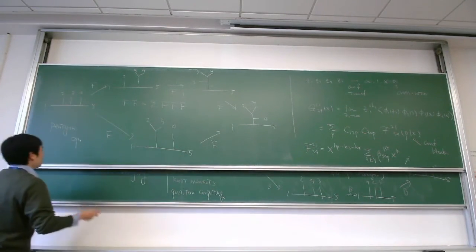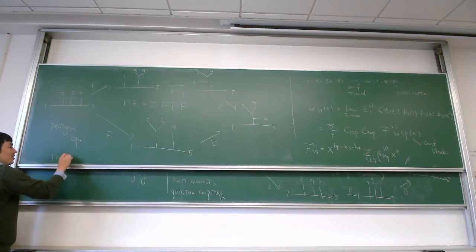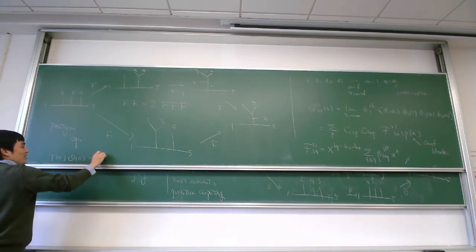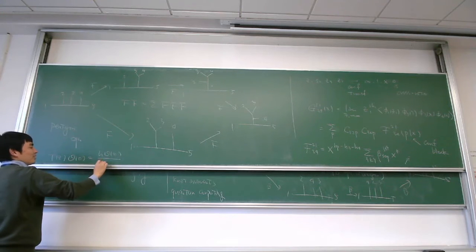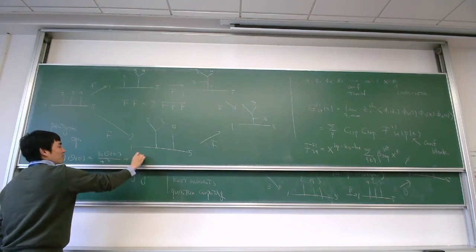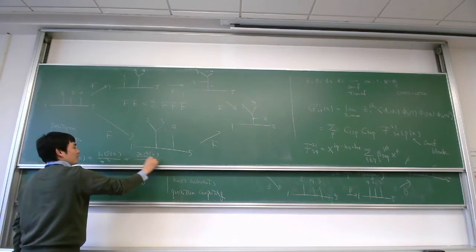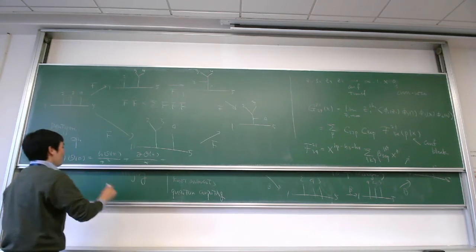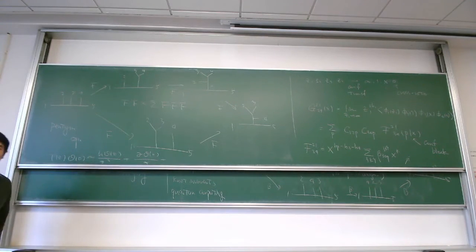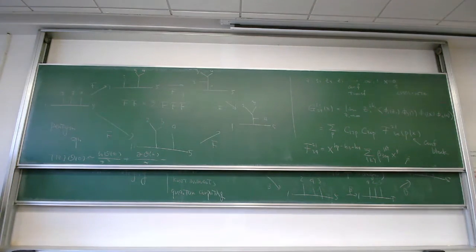A primary operator is one where T of z, O of 0 is h O of 0 over z squared plus and so on. So this is the primary operator, and you have finitely many primaries. So the CFT is endowed with finitely many primary operators. The minimal model is one of the examples. That's why it's important.